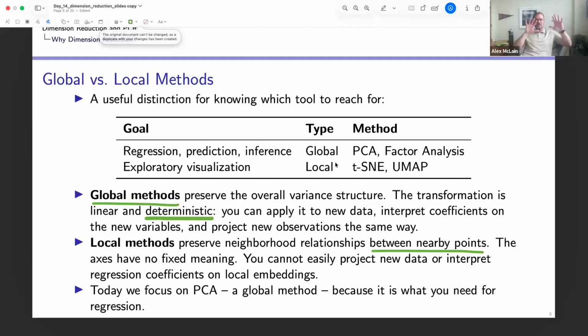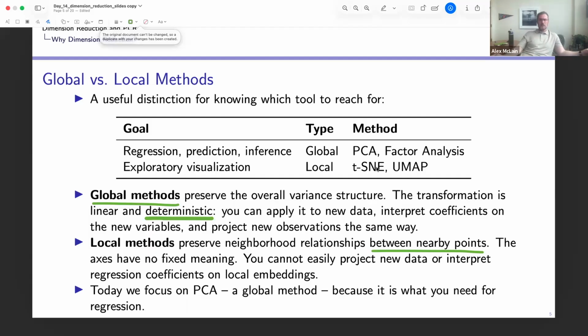The local methods, it's a little more unclear how we get from the big data to the small data, but they are going to preserve local relationships better. They're going to do that at the expense of not being able to project a new individual or new observation to where they should be in the data.